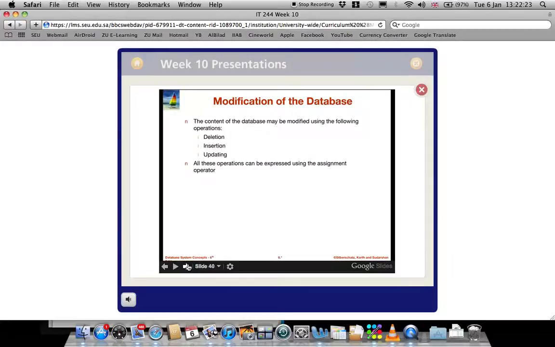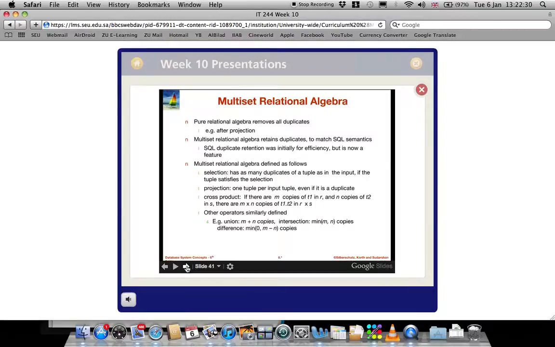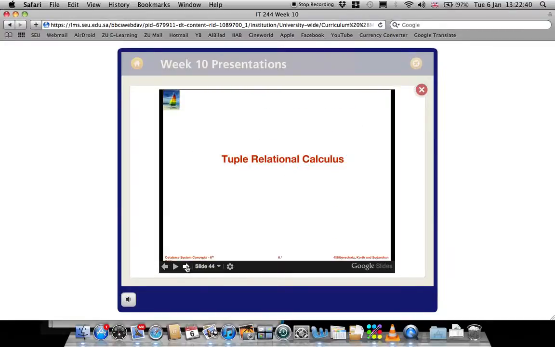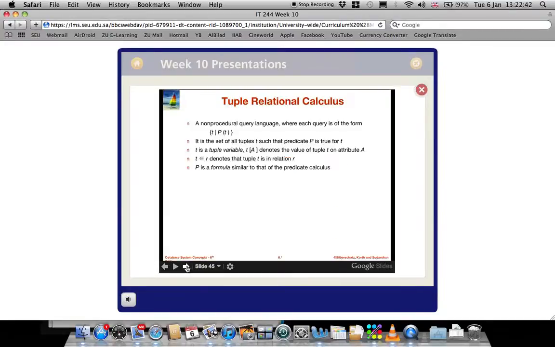Modification of database, don't worry about it yet because it will come in SQL, in the next topic. Don't worry about the rest.